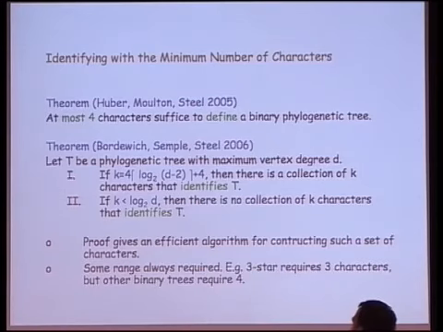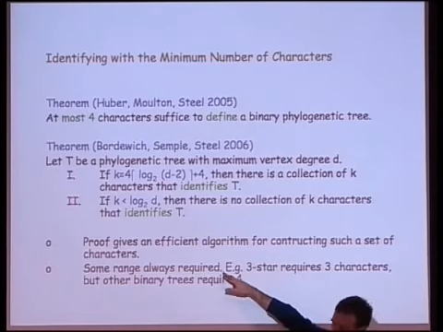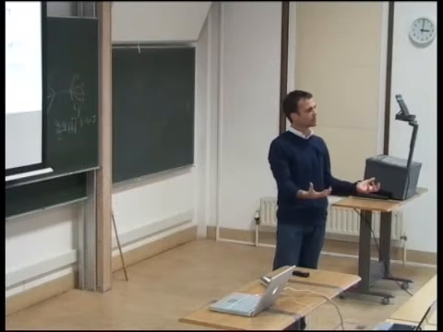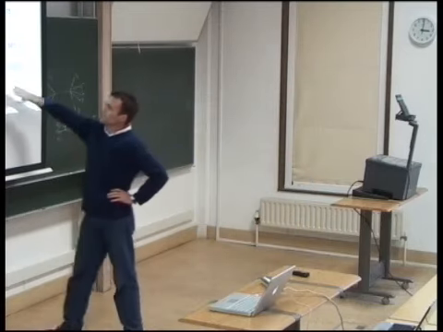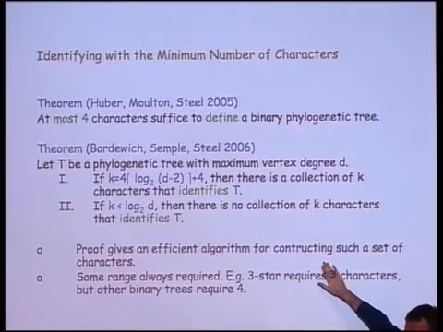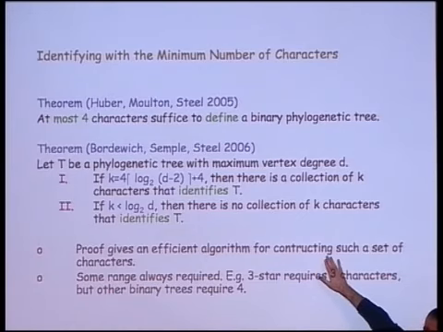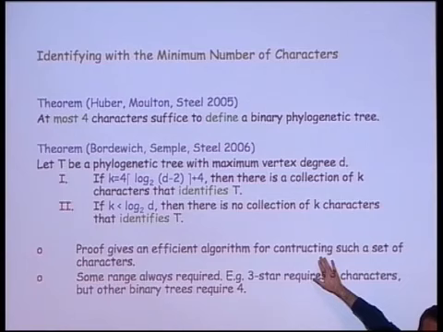And there's some quirk about the range. Well, there are 2 things here. Originally, we did the result for X trees, not just phylogenetic. I think Andreas talked about X trees this morning. So for a 3 star, if you're only looking over phylogenetic trees, you don't require any characters. A 3 star is a tree looking like this.